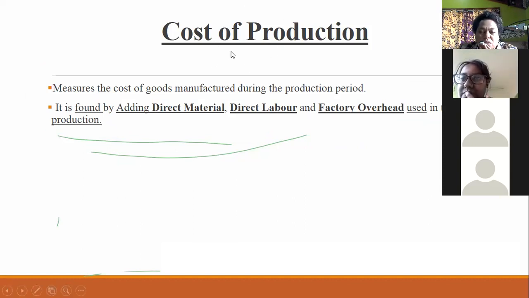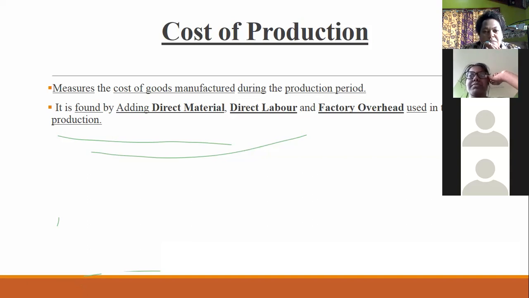Now, what is cost of production? It measures the cost of goods manufactured during the production period. No more cost of goods sold. Cost of goods sold is for which firm? Trading firm.